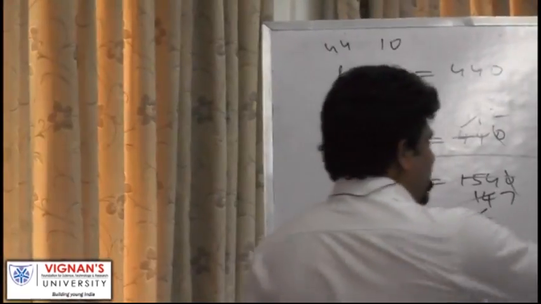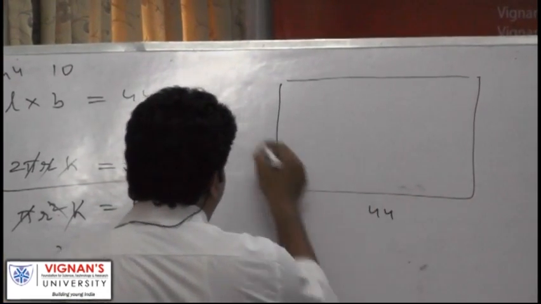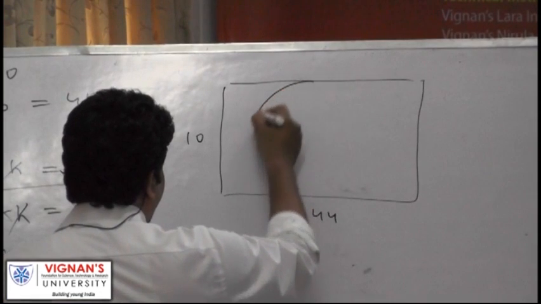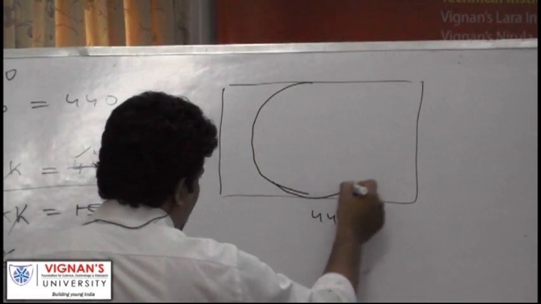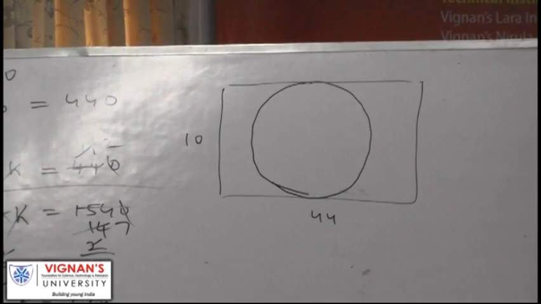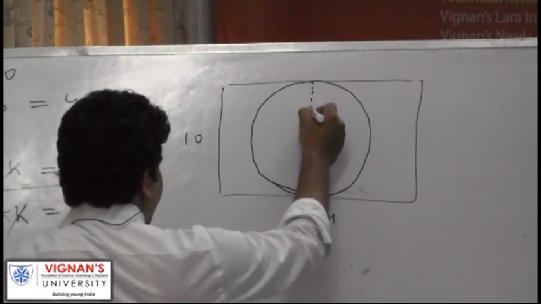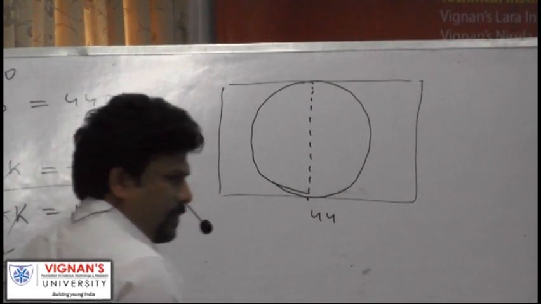Now what he says is, it is like this, 44 and 10. Now a circle whose diameter is equal to the breadth of the sheet, like this, is cut, right?